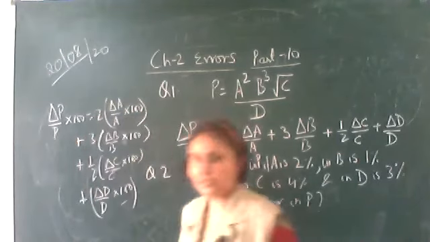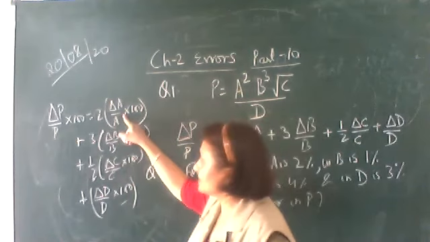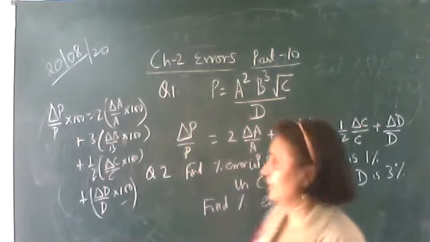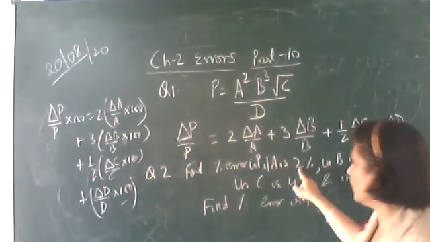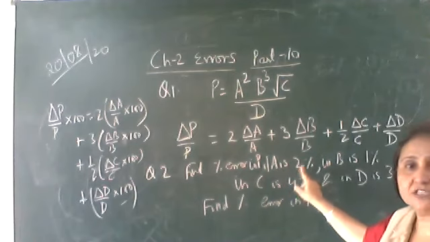Okay, yes, good. Now what is this delta A upon A into 100? From here we know that it is 2%.